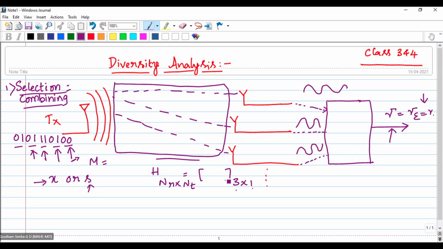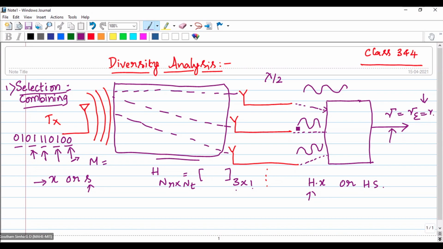That's all. Nothing more, nothing less. Whatever you receive here is the combination of H into X, or H into S. Now remember, in the last class we discussed that if all these receive antennas are separated by lambda by 2 distance, the channel becomes different.